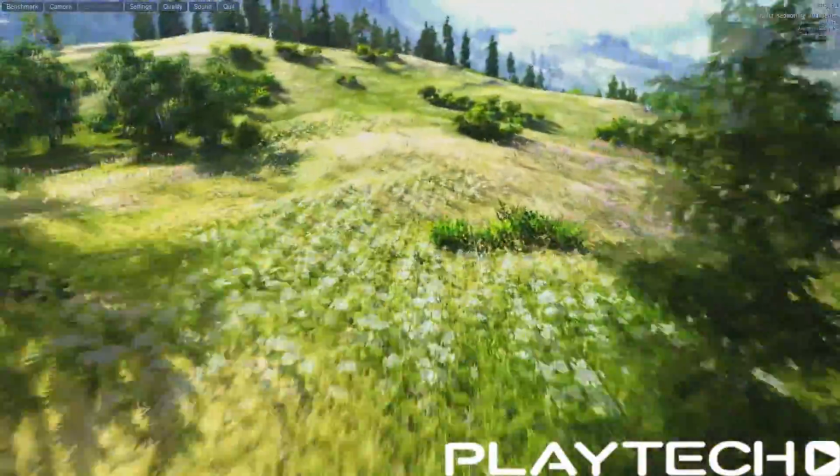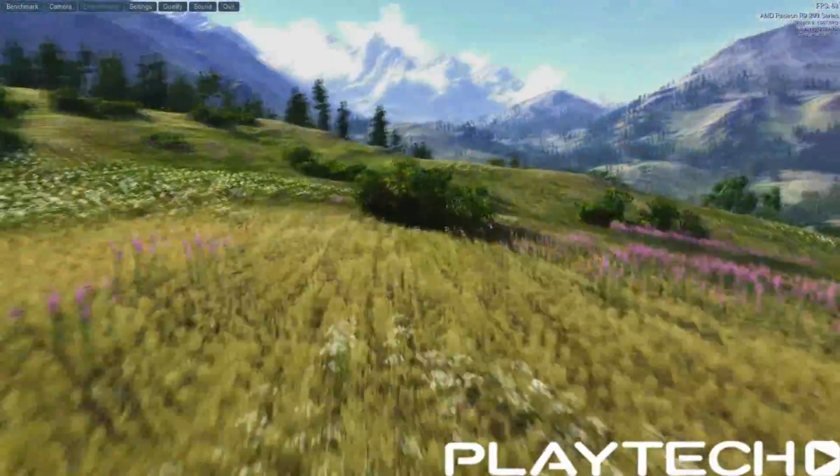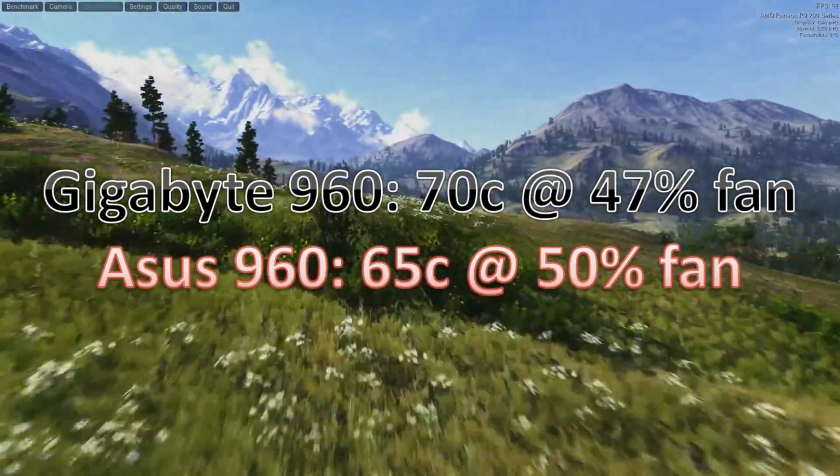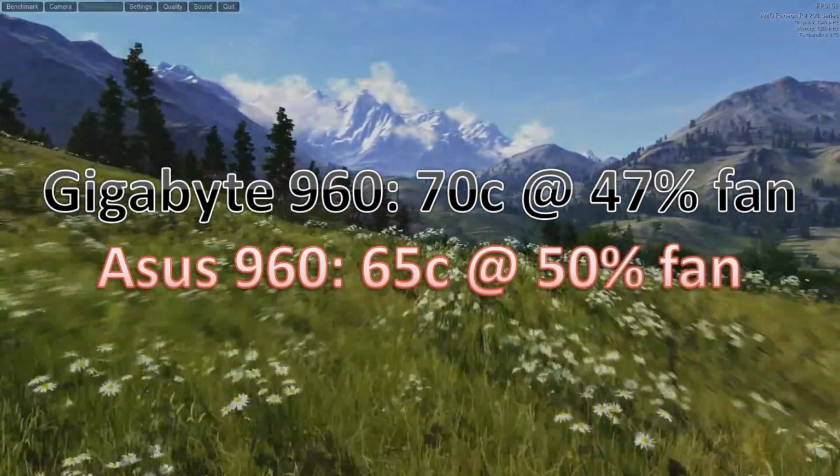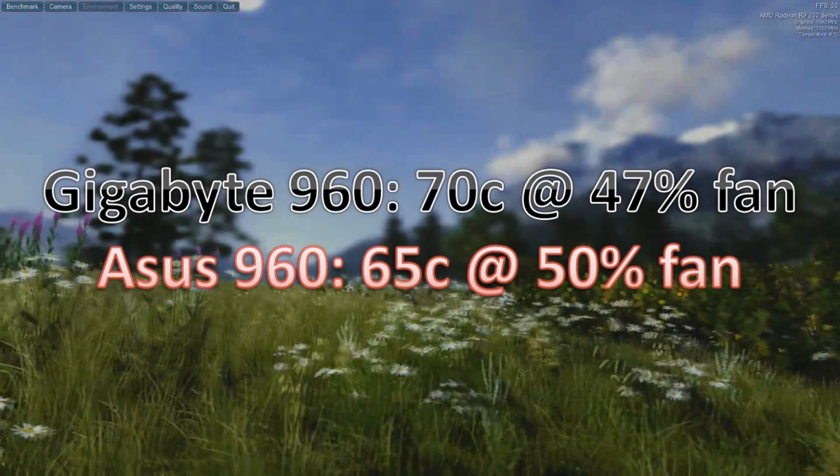The Asus GTX 960 Mini, on the other hand, scored 65 degrees Celsius at 50% fan speed in the same benchmark. So 3% higher fan speed for 5 degrees cooler, so I guess we can say this time it was a win for the Asus in terms of its cooling performance.